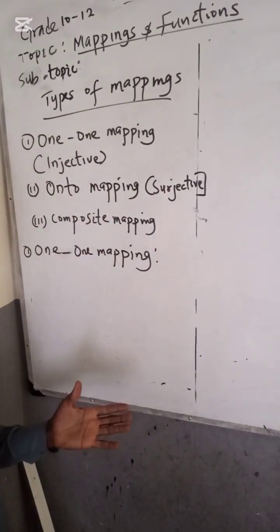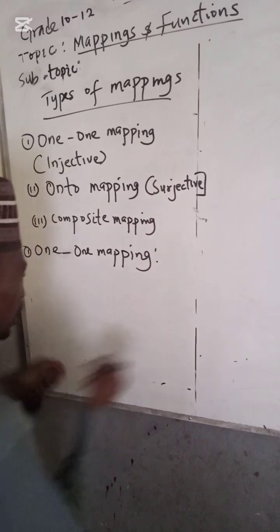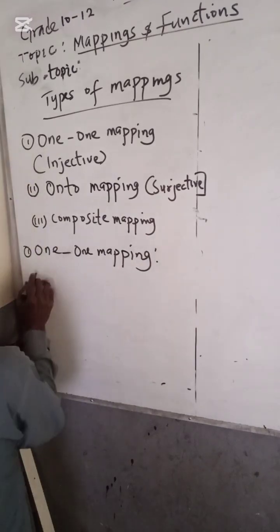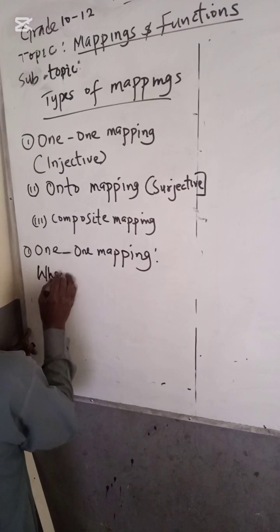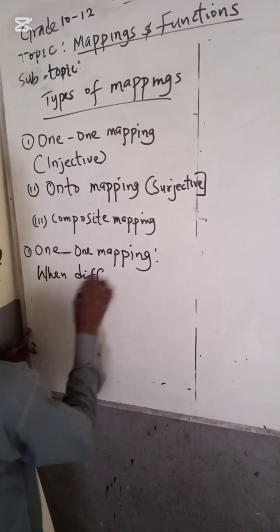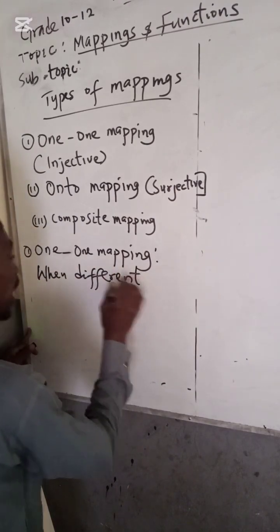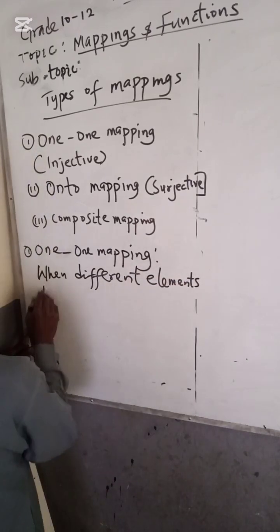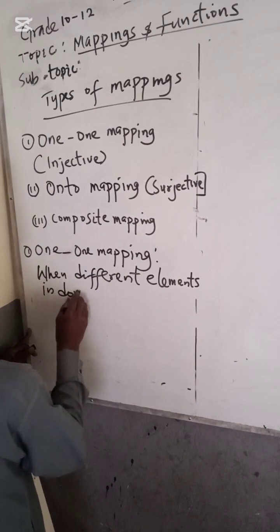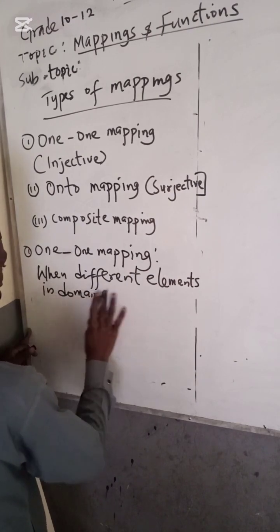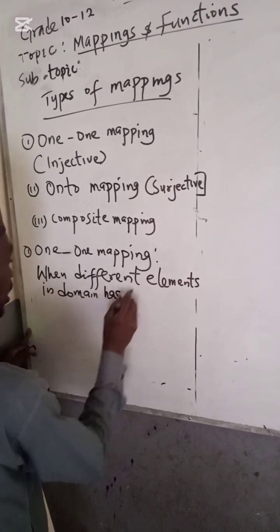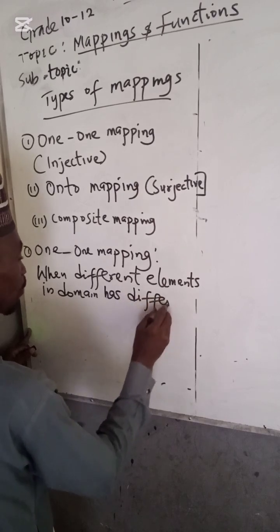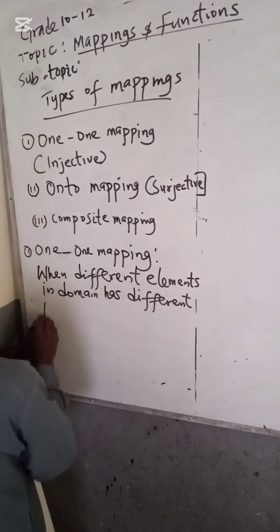What does one-to-one mapping mean? It's very simple. Let's make the definition very easy. We can say one-to-one mapping when different elements in the domain have different images.